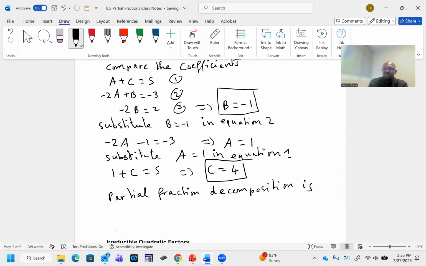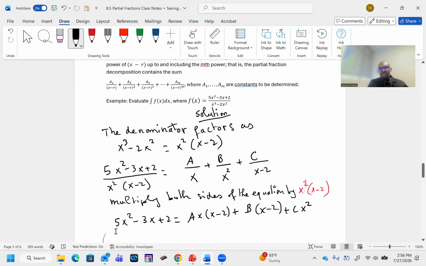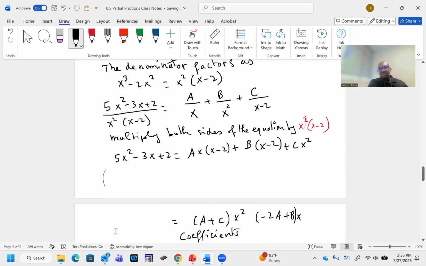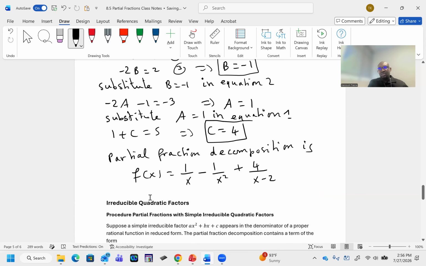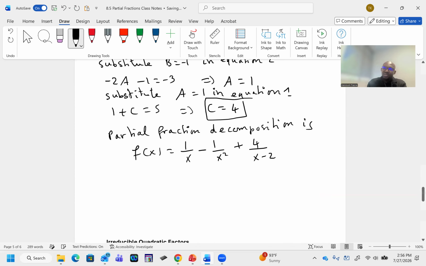So f of x will just be a is 1 divided by x, minus 1 divided by x squared, plus 4 divided by x minus 2. And that's it. And then we have to find the integral, right? So now, since we have the partial fraction form, then integration now.